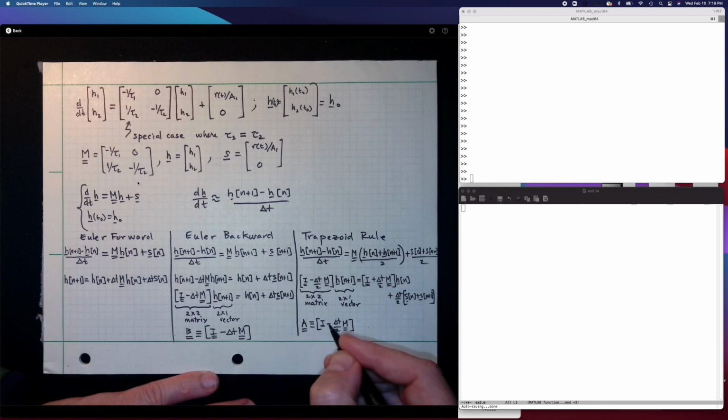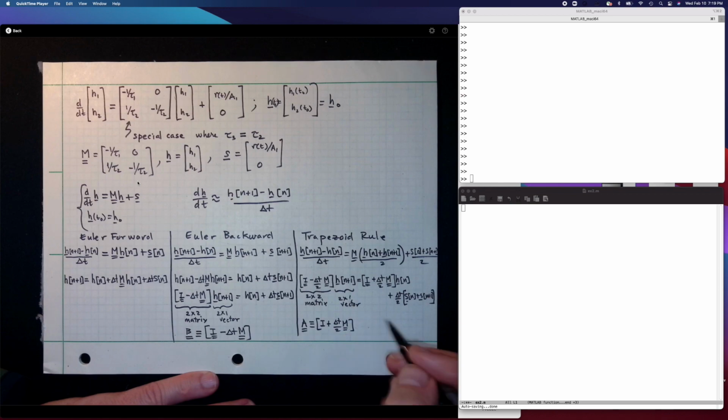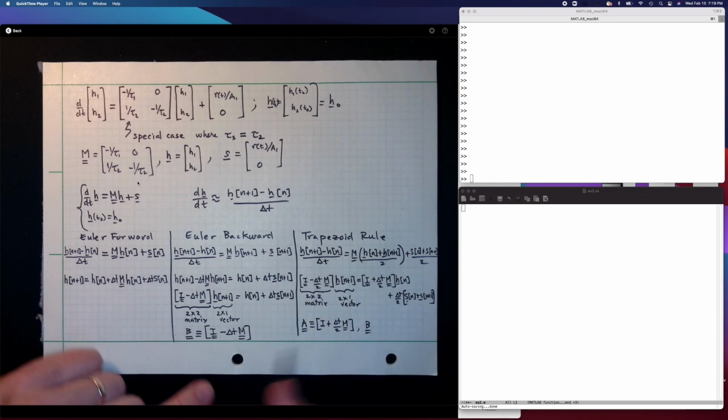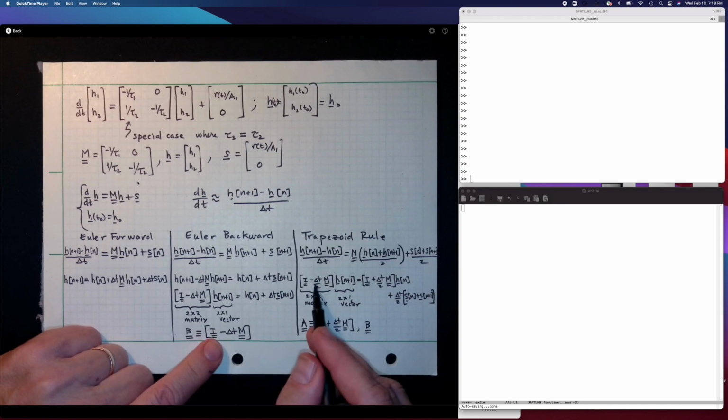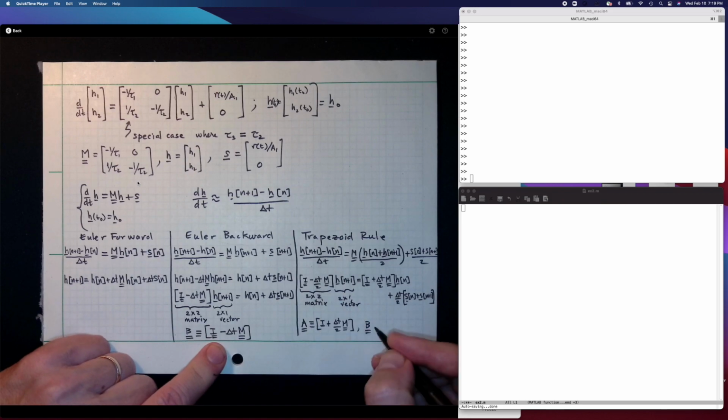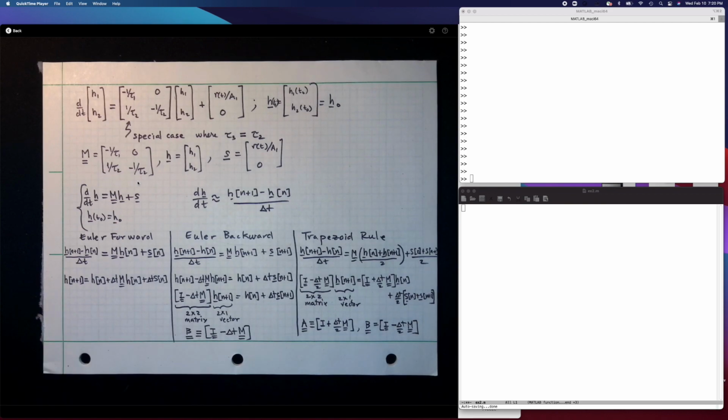Actually, I'll define this one to be A with a plus, and B will be this one. I do that because these look more the same. The only difference here is that my time step is a half of what it is. Otherwise, it's more or less the same matrix, I minus delta t over 2 times m. And then I can use these to show what the time stepping will be.